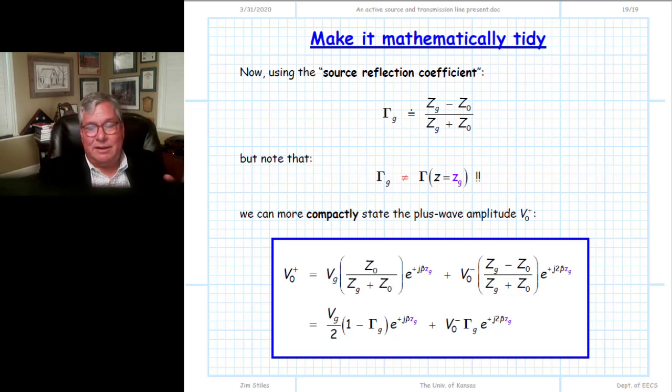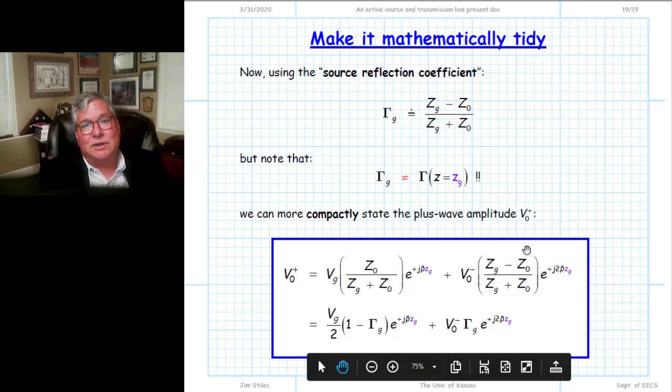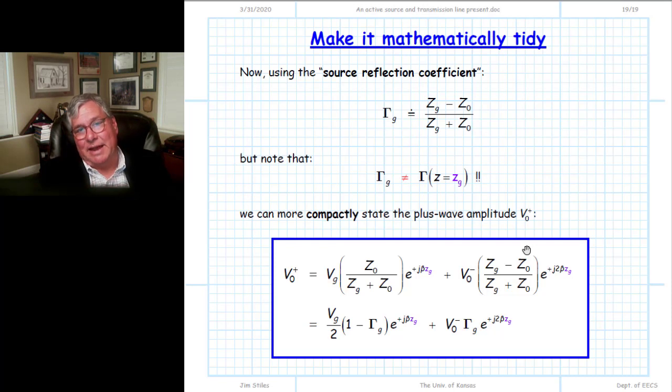If we add an infinite series of those, we will converge to our steady state solution, which is represented by this math. Again, we cannot say the plus wave creates the minus wave voltage any more than we can say the minus wave voltage creates the plus wave voltage. They both act together. They're coupled together in a way that requires them to satisfy boundary conditions at both ends of the transmission line.